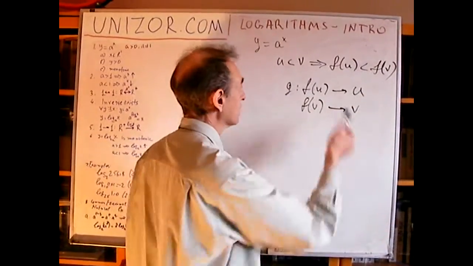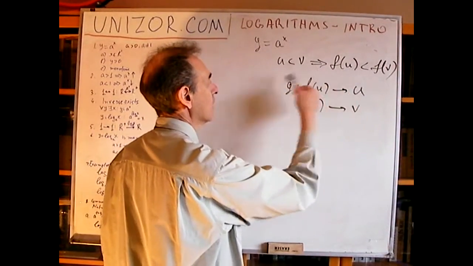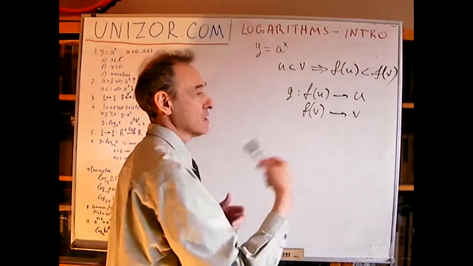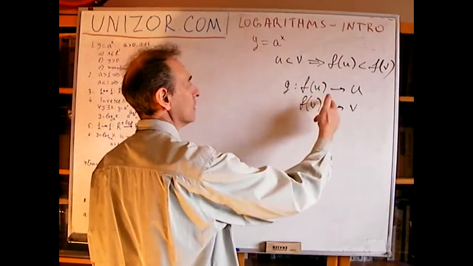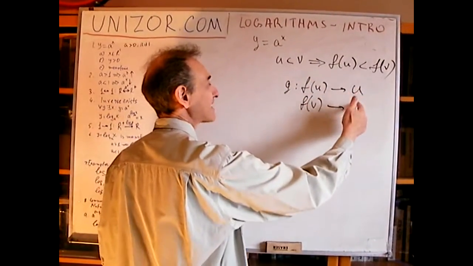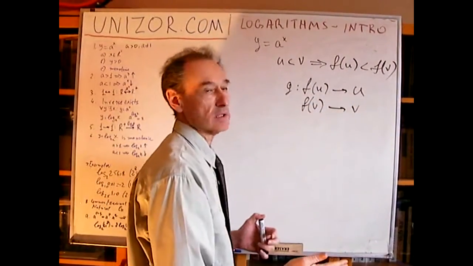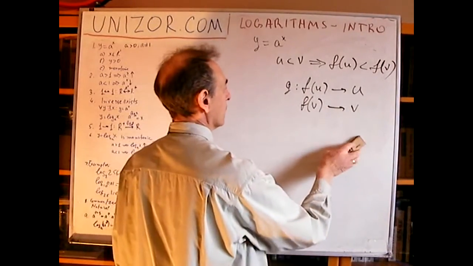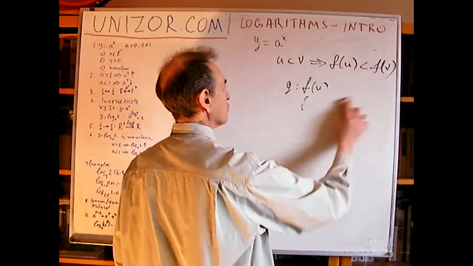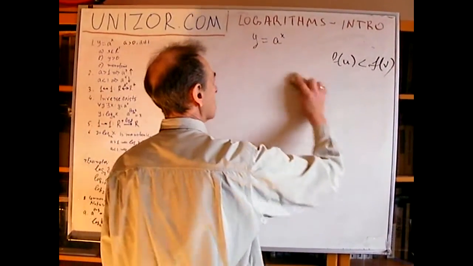Because if it's not, then we can apply the function f again, and it will be an opposite relationship. So it cannot be greater or equal or anything like that, because then the function would not be in the same relationship. So this is elementary stuff.